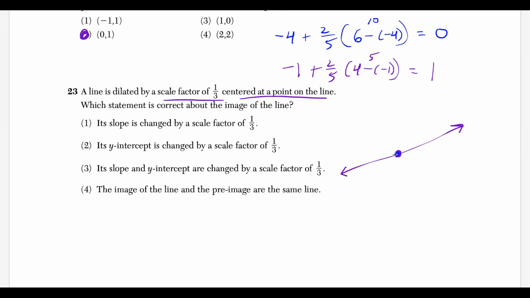So if our center of dilation is on the line itself, when we scale it by 1/3, yes, it's going to start shrinking these points inward, but we have infinite points. So this line is going to be the same line even after the dilation, because once again, our center is on the line. If the center was off the line, then we would have a new line, but the image and the pre-image are going to be the same, once again, because the center is on the line.